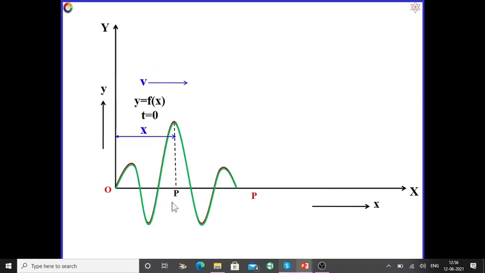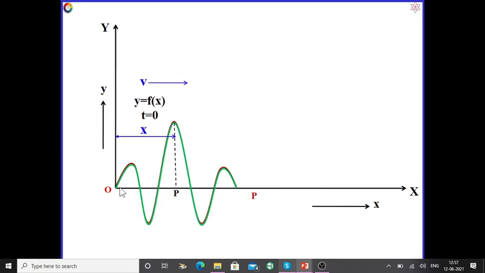So we can find that each and every point has its own y component or y value. Particularly if you consider this point, it has its own y value.